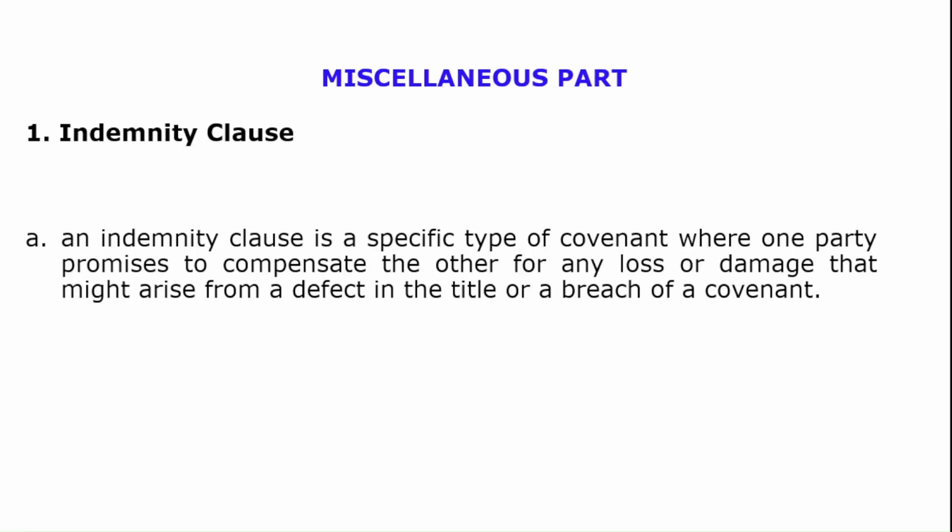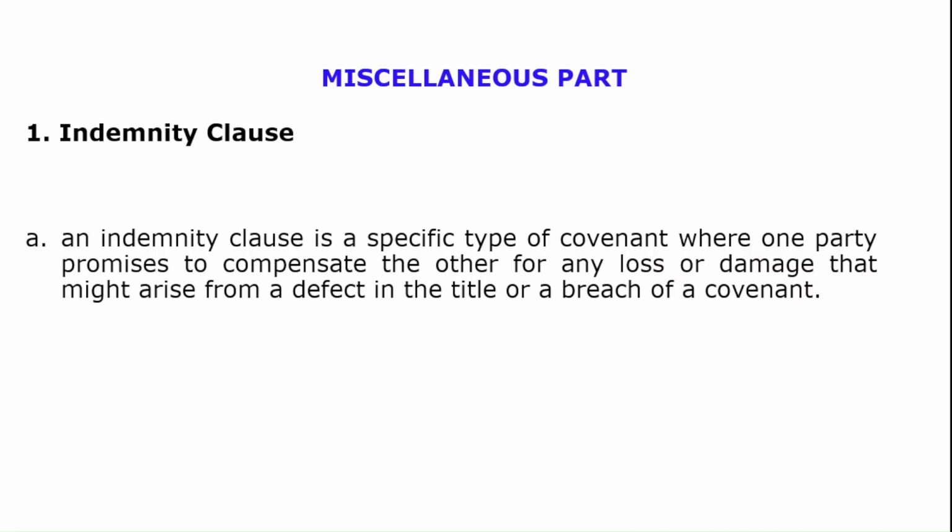An indemnity clause is a specific type of covenant where one party promises to compensate the other for any loss or damage that may arise from a defect in title or breach of a covenant.